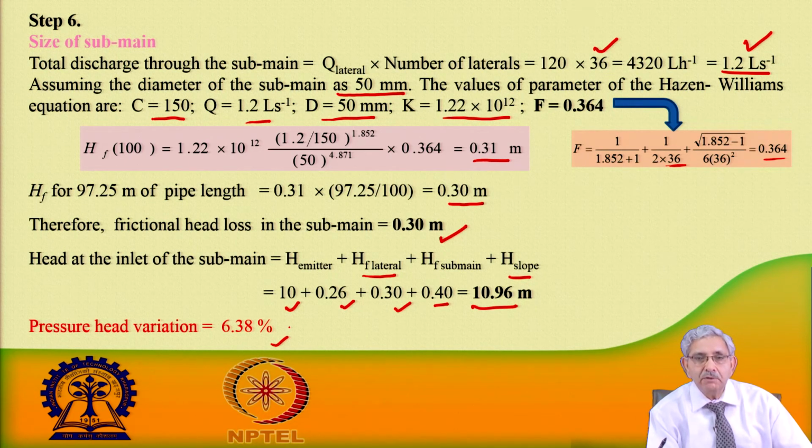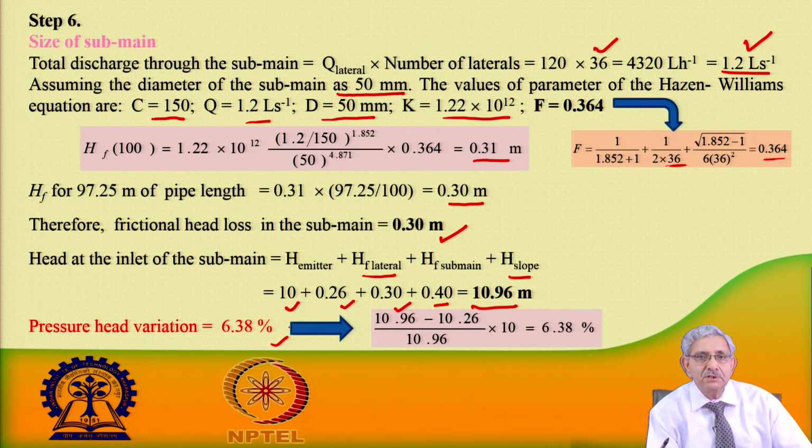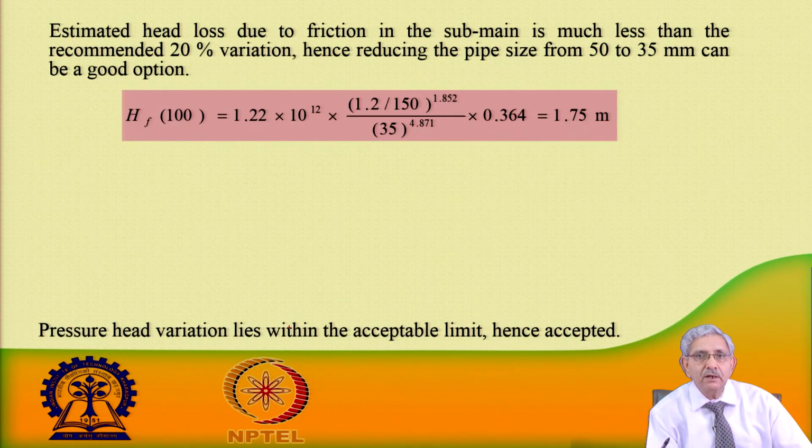So, 6.38% is a very low value, so we can see whether we can go for a lower size pipeline, so that we can reduce the cost. The estimated head loss due to friction in the submain pipeline is less than the recommended 20% variation. Hence, we are reducing the size of the pipeline from 50 millimeter to 35 millimeter.